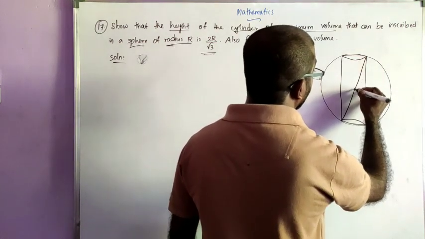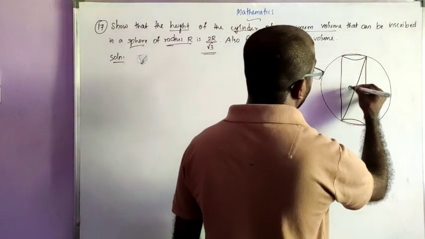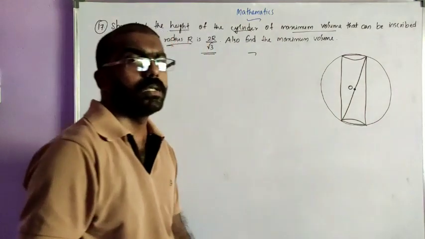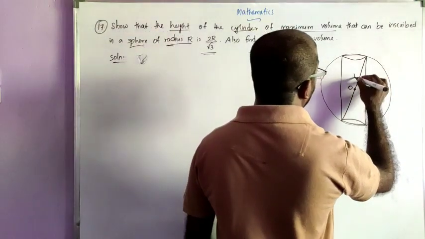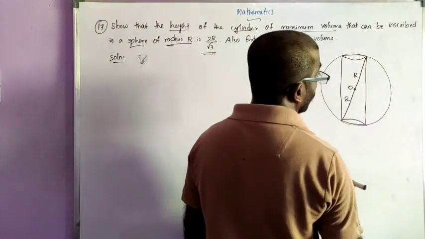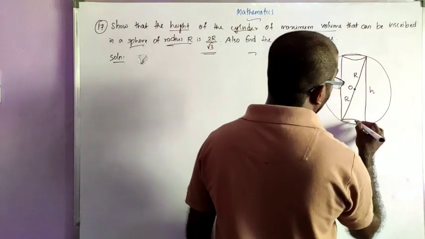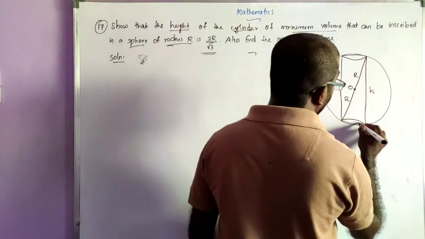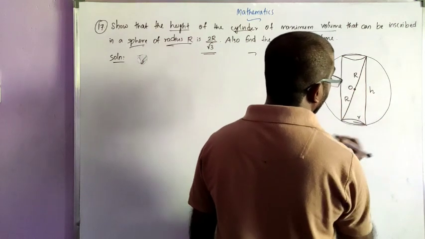Mark the point as O. O is the center of the sphere, and the sphere is of radius R. So here we can mark capital R, here also R. Let the height of the cylinder be h and the radius of the cylinder be small letter r.